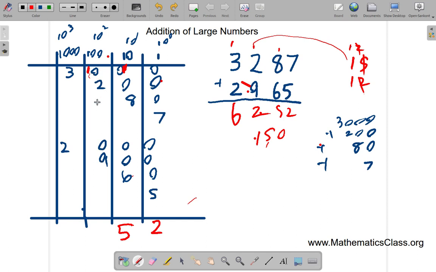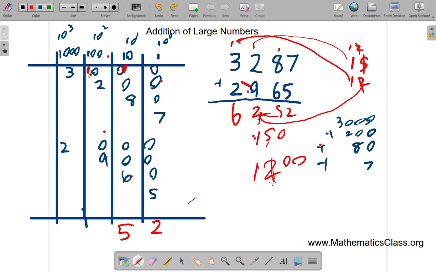Then when you're adding these, you say 9 plus 2 plus 1. You're really saying 900 plus 200 plus 100. 900 plus 200 is 1100 plus 100 gives you 1200. 1200 means 1000 plus 200.